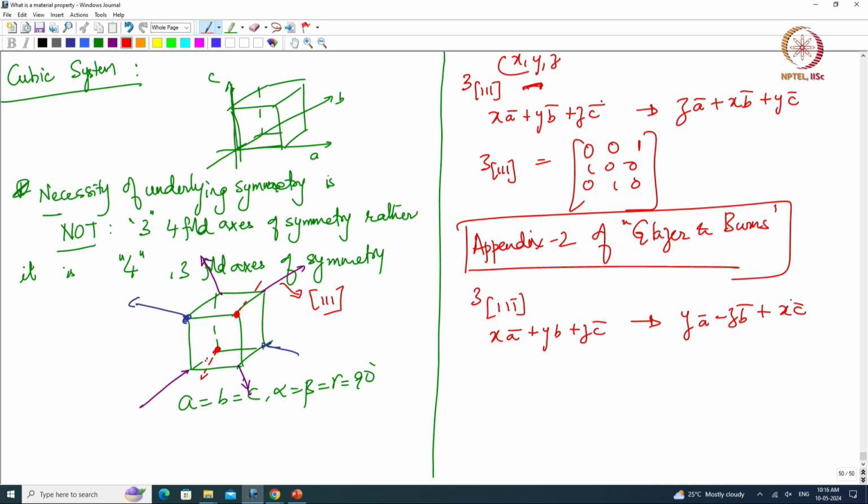You can write the transformation vector from here, and similarly I can write transformation vectors for 1 bar 1 1, and I have another 3-fold axis of symmetry for 1 1 bar 1, right. So, what I am essentially doing is, then I can take dot products.